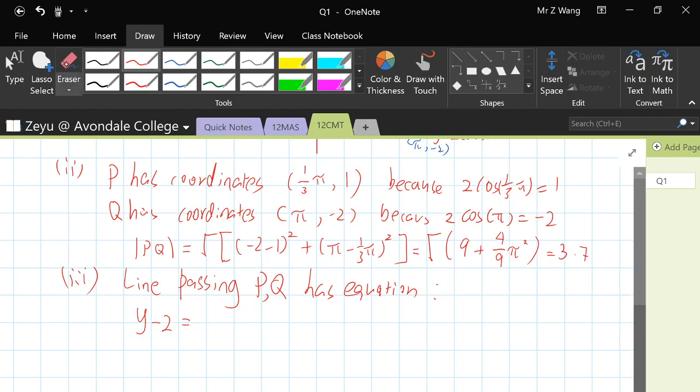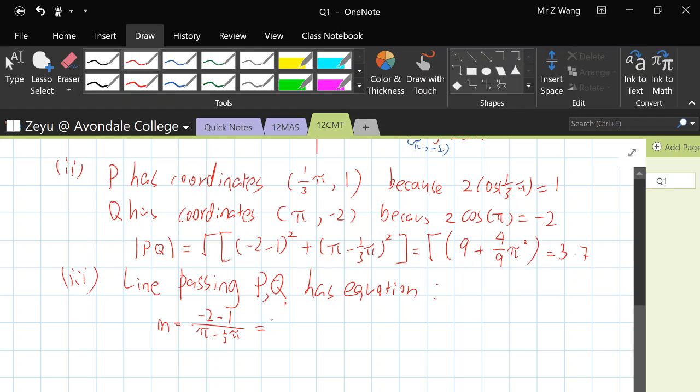Let's calculate the gradient first. The gradient m equals y2 minus y1 over x2 minus x1.